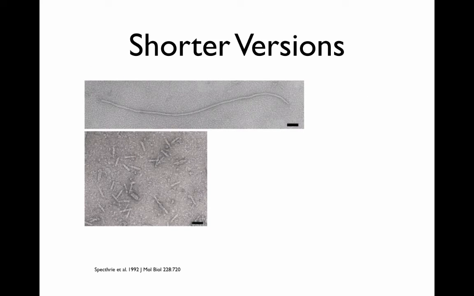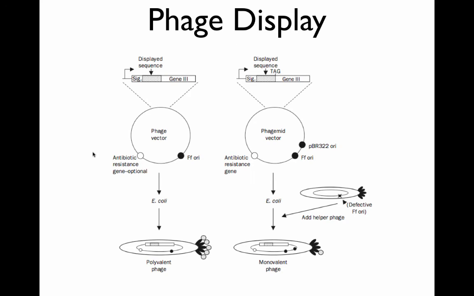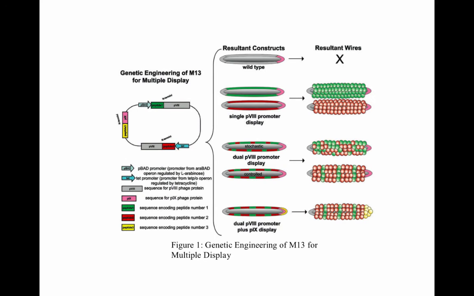It's a peptide. So engineering this, we can make them, they're native, so these are nanowires. They're 10 nanometers wide by 1,000 nanometers long. You can make shorter versions where they're 10 nanometers wide by 50 nanometers. Here are the plasmids. You don't really have to go into this, but here's either the P3 or the P8. And then you can do some interesting things with them.